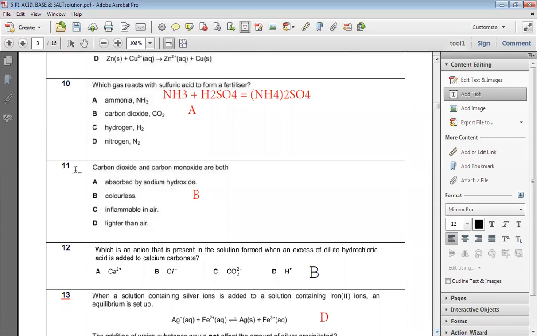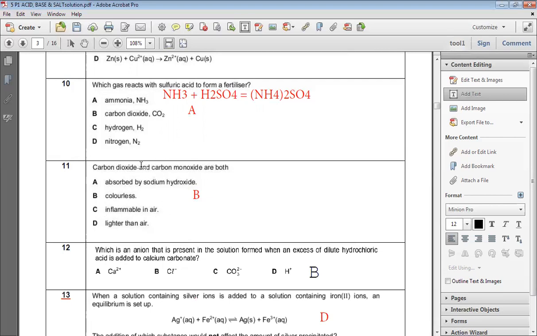Question number 11, the correct option is B. Carbon dioxide and carbon monoxide both are colorless gases. Keep this in your mind. Carbon dioxide is an acidic gas and can react with sodium hydroxide, but carbon monoxide cannot. Carbon dioxide extinguishes fire.